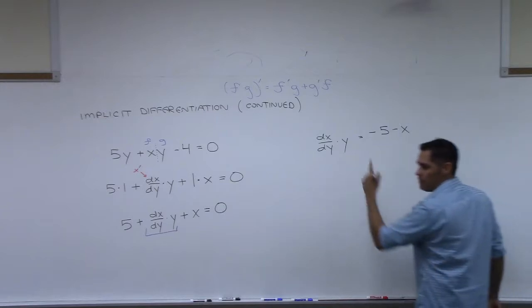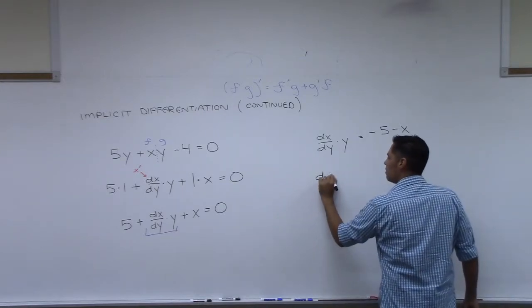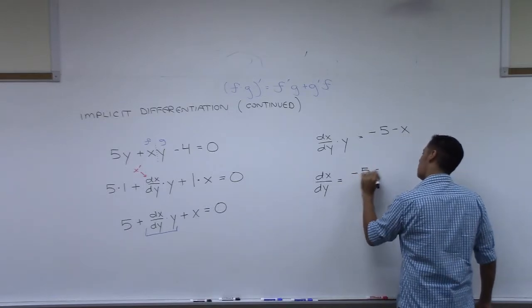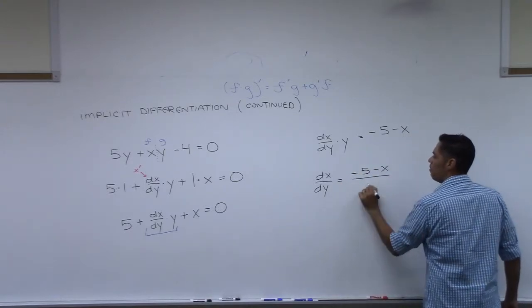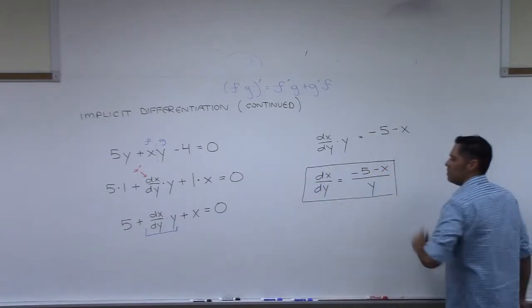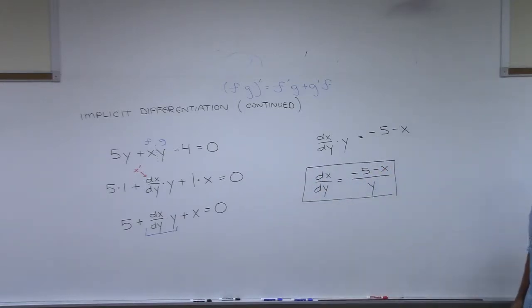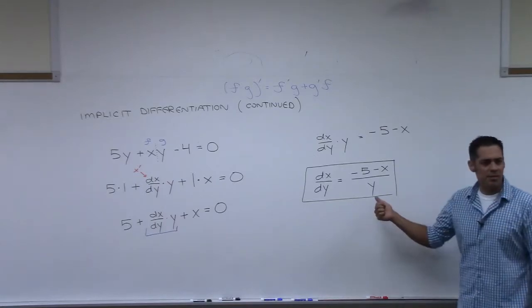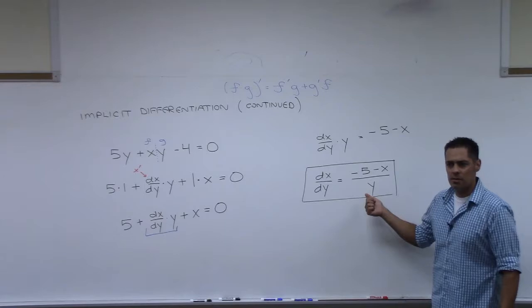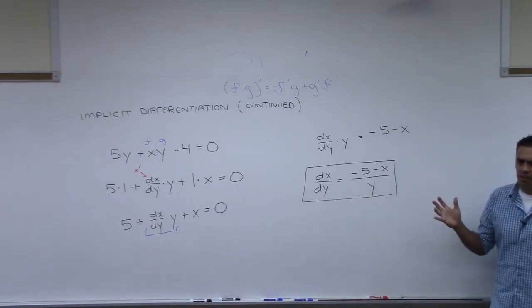Divide both sides by y. So dx/dy equals negative 5 minus x, over y. Is that the same answer as dy/dx? That was not the same answer, was it? So these mean two different things, right?